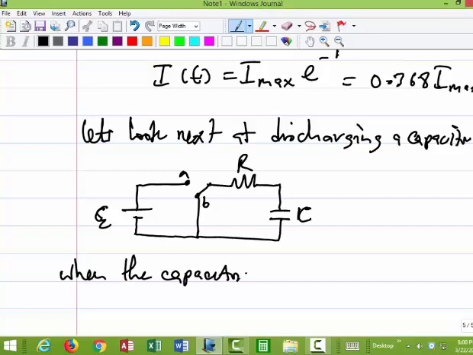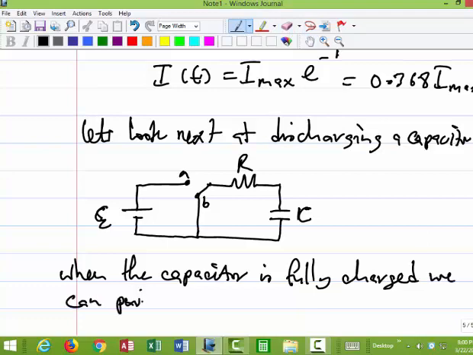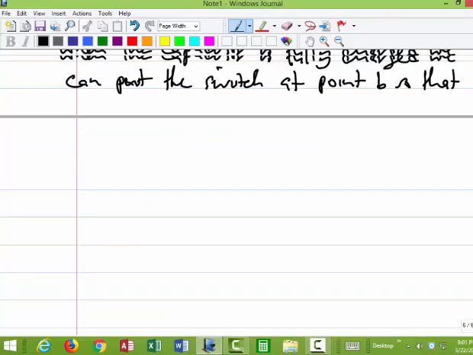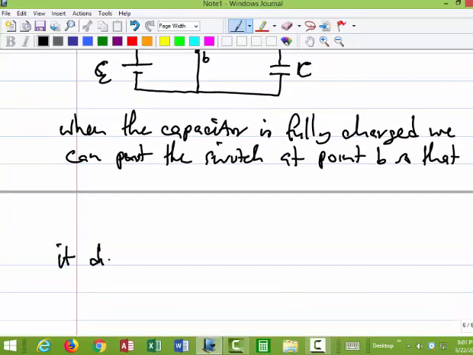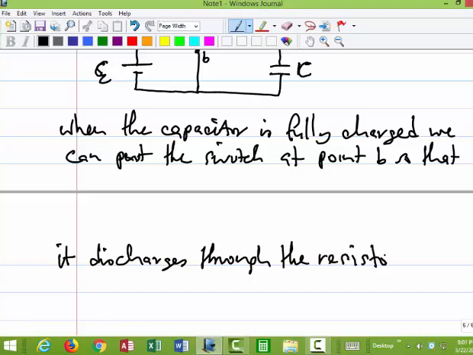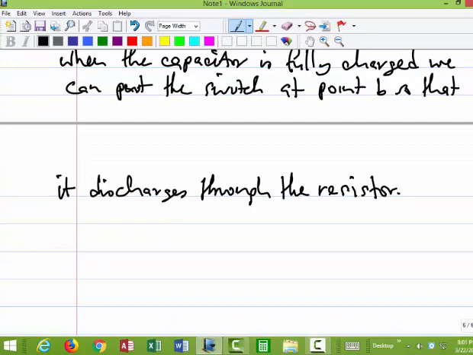So when the capacitor is fully charged, we can put the switch at point B so that it discharges through the resistor. And we can use the same formula we had before.